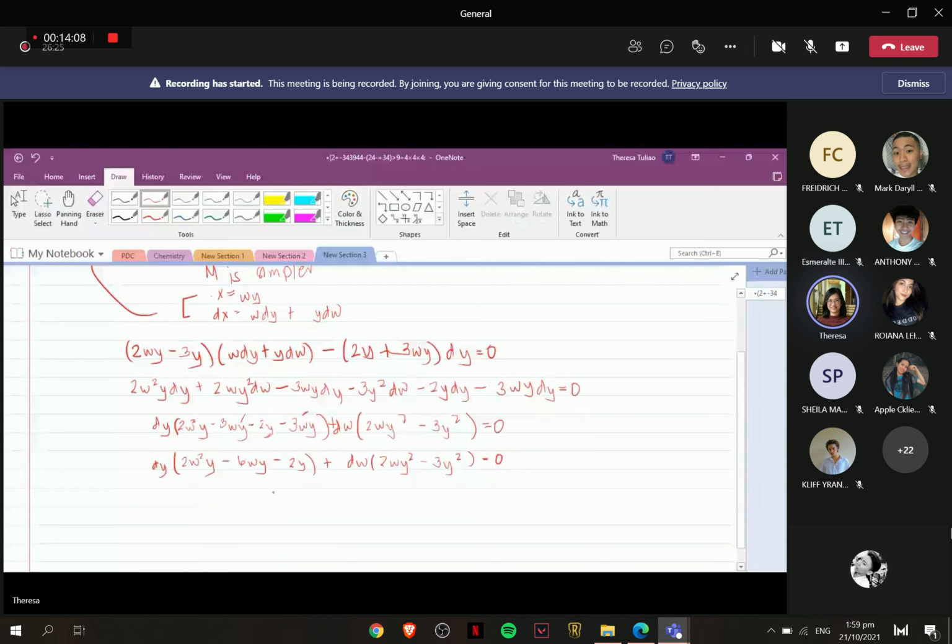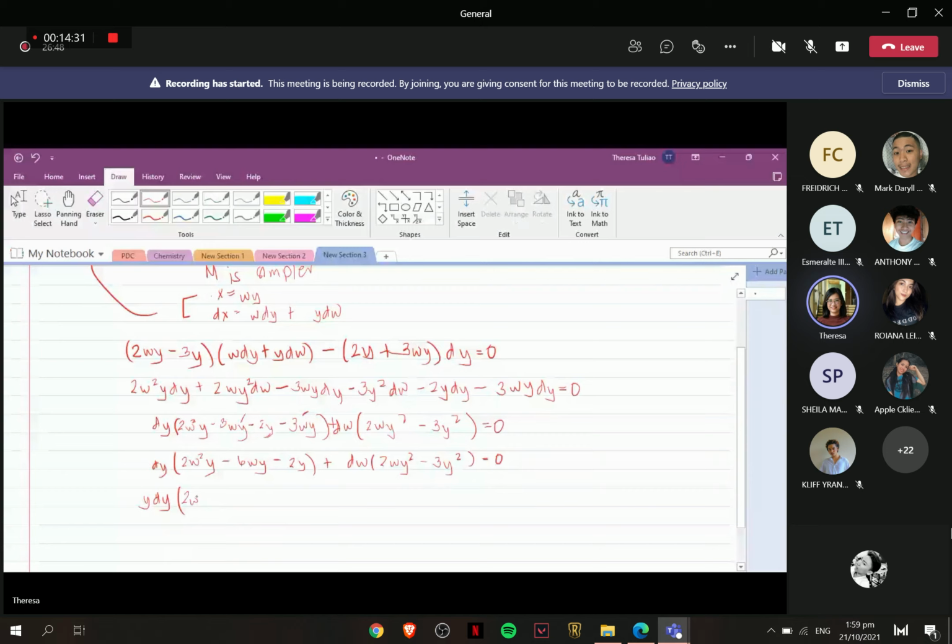So, actually, we can take out y here. Factor out natin yung y. So, that will give us y dy sa labas. Natira sa loob is 2w squared minus 6w minus 2. So, that is already variable separated.